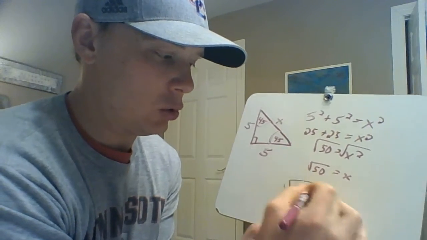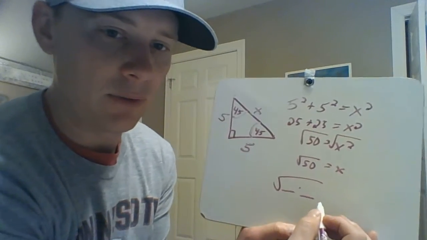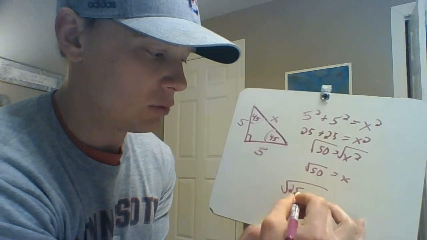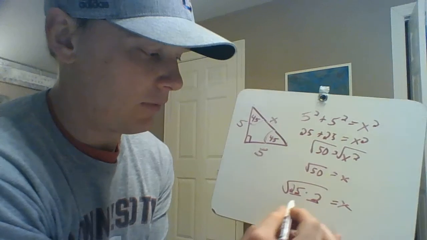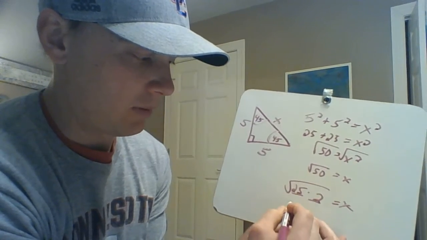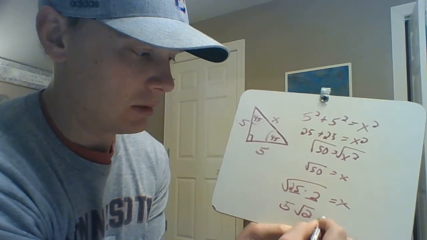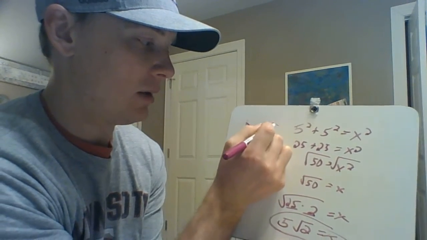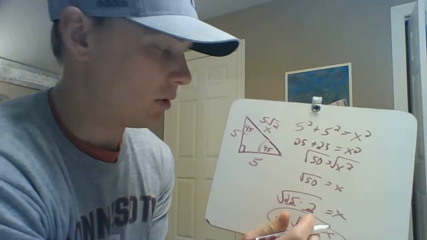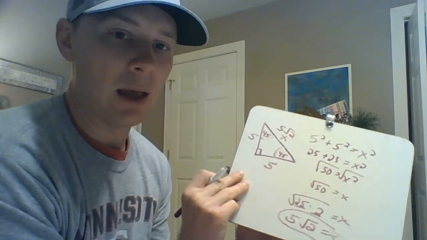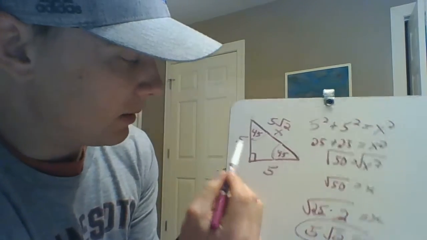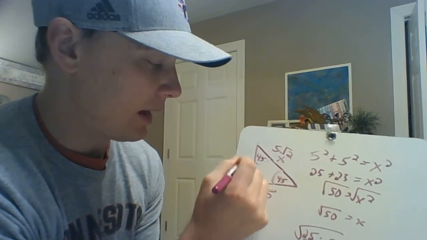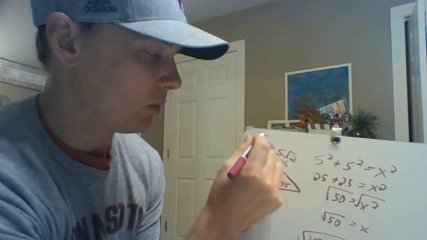What two factors of 50, one of which is a perfect square? Well, that's 25, and 25 times 2 gives you 50. The square root of 25 is 5, and the square root of 2 stays. And so there it is. That's what I had written down initially. 5 square root of 2 is your hypotenuse. And so notice the relationship.